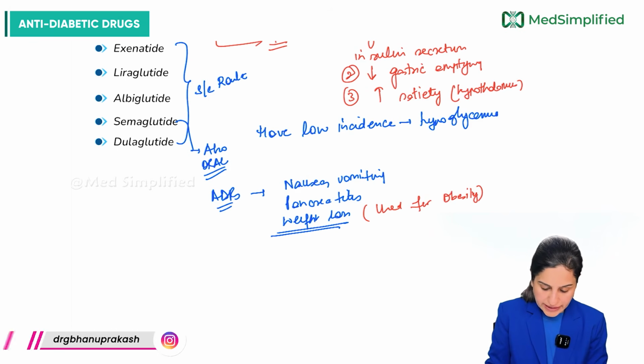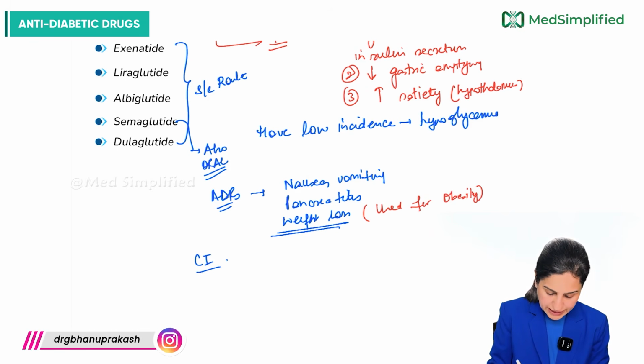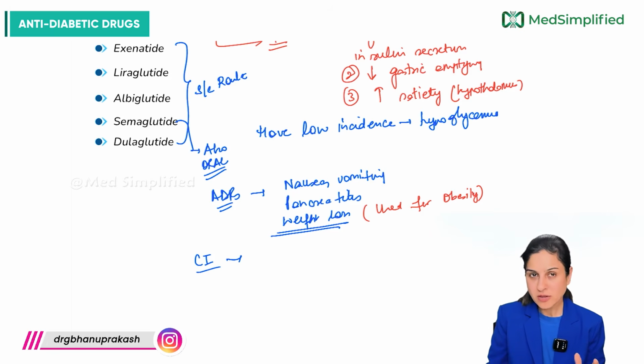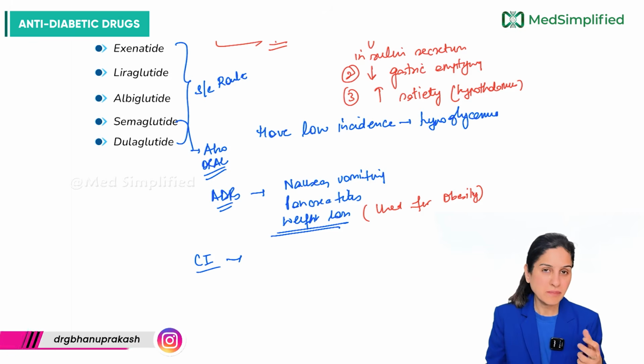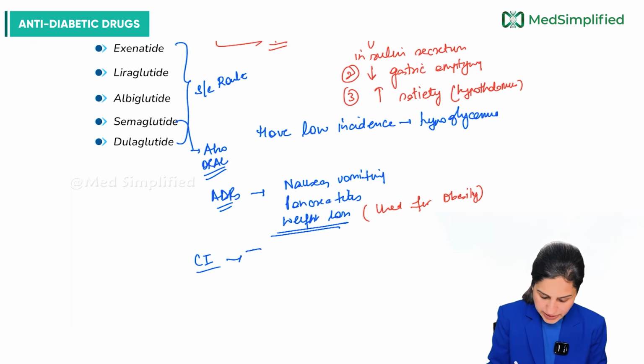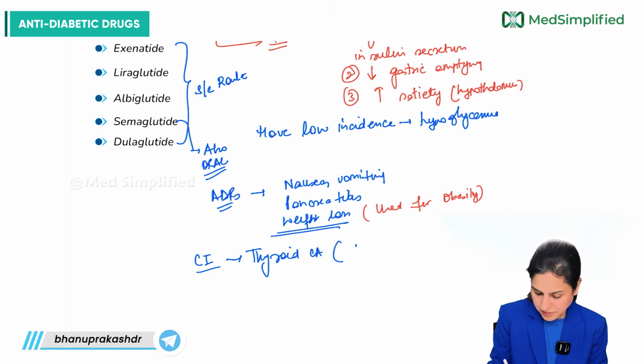Contraindication to the use is if the patient has or has a history of thyroid cancer or a family history of medullary carcinoma, MEN2 syndrome, then we don't recommend this drug. So contraindicated in thyroid cancer.